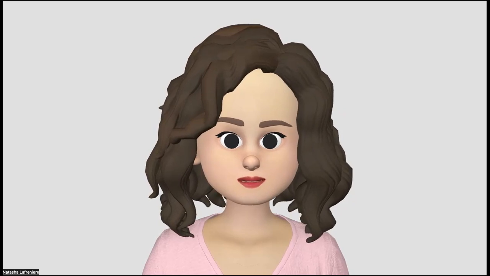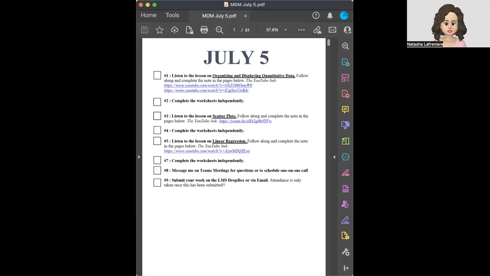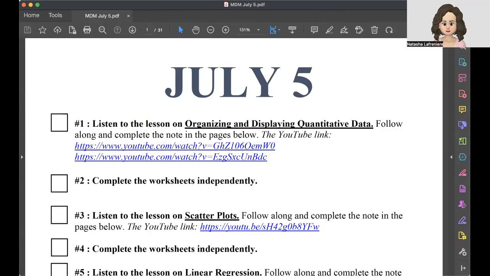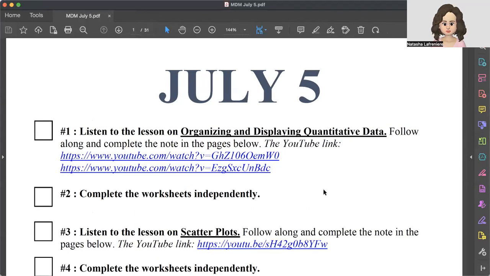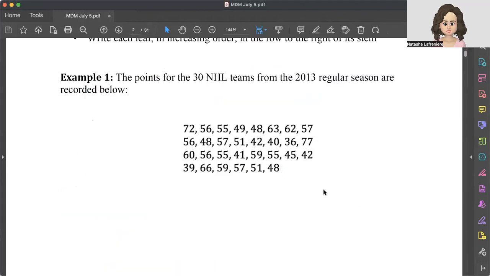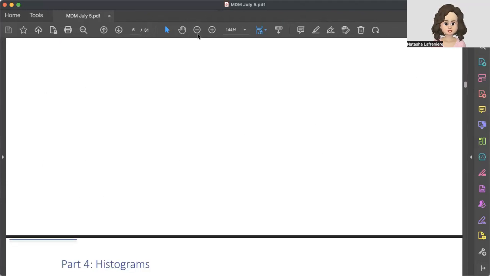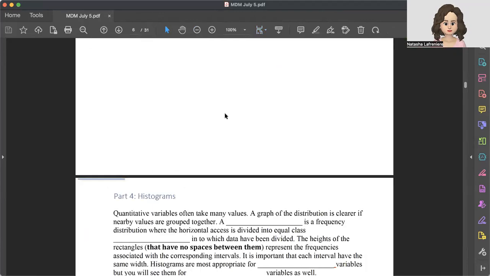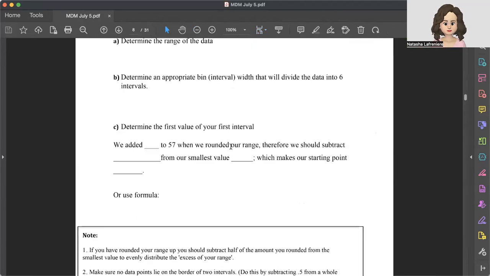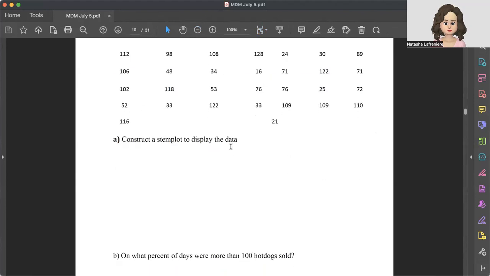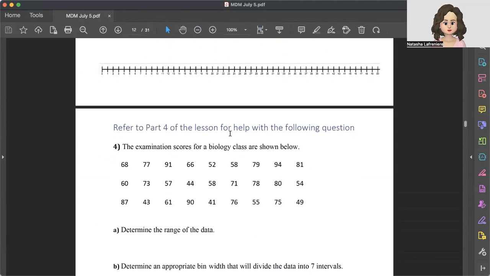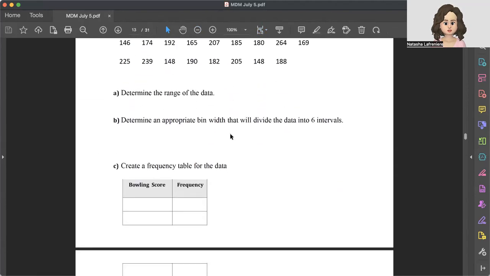I'm going to share my screen here for yesterday's lesson and make it bigger. And I am thinking that my tablet's finally going to work here. Hopefully everything went well.